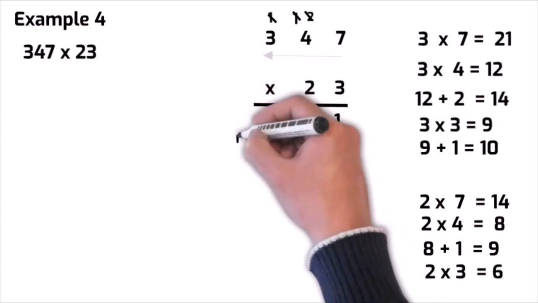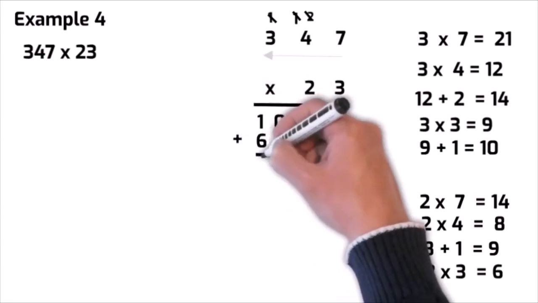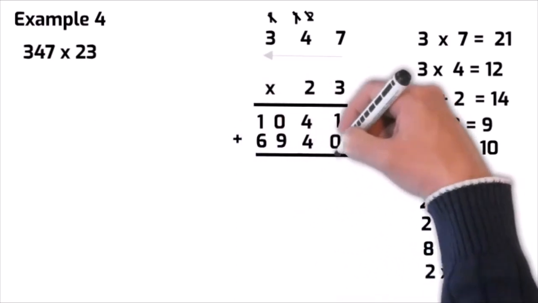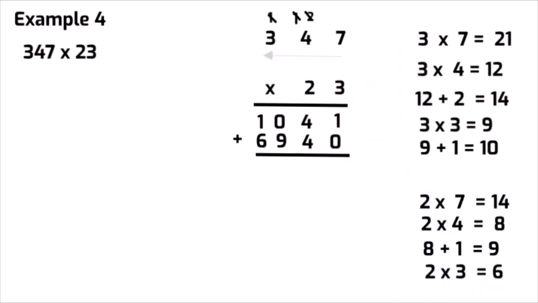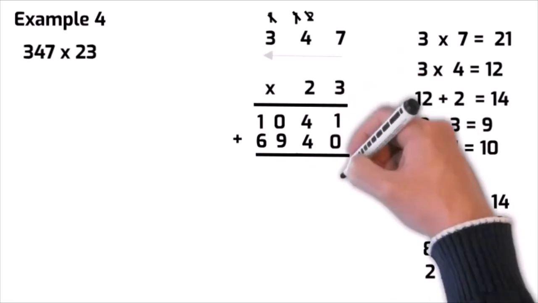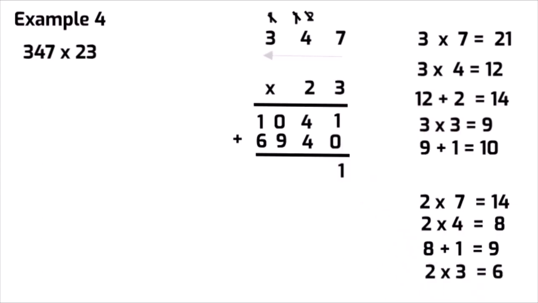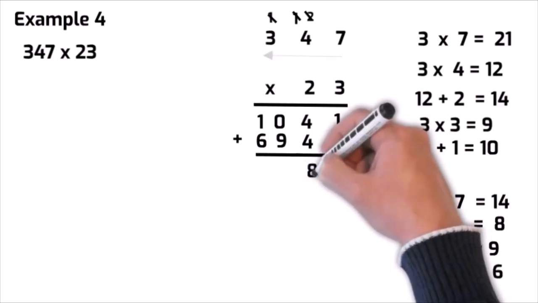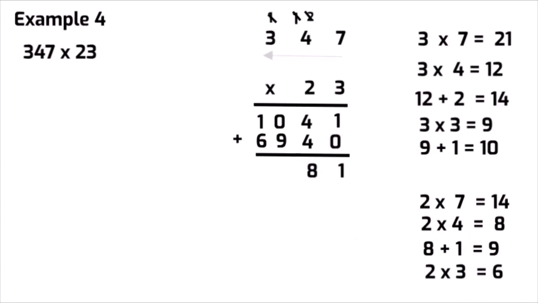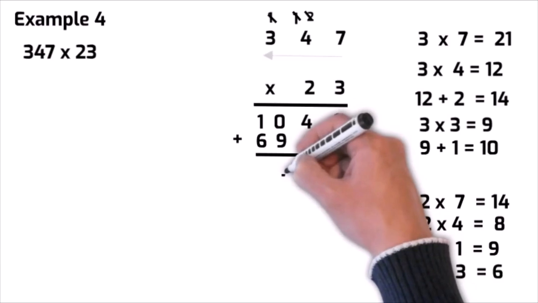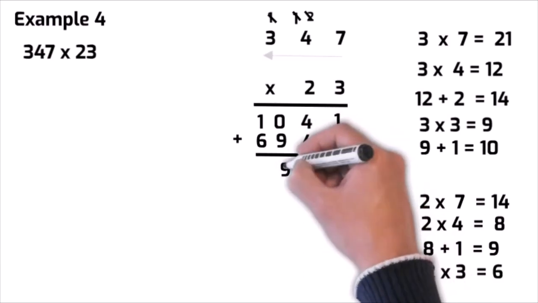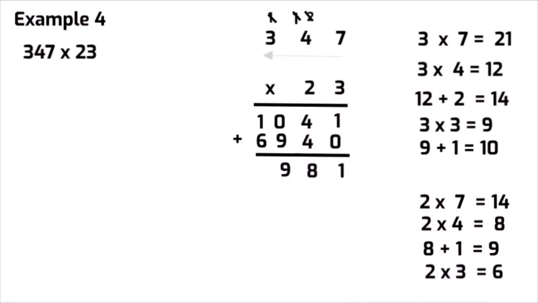Let us add. Remember, we are starting from the right column. 1 plus 0 is 1. 4 plus 4 is 8. 0 plus 9 is 9. 1 plus 6 is 7.